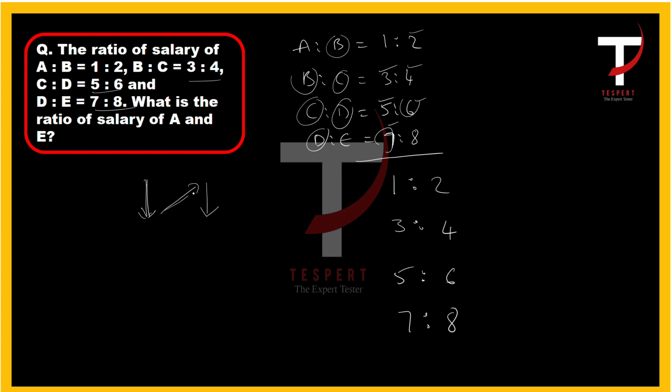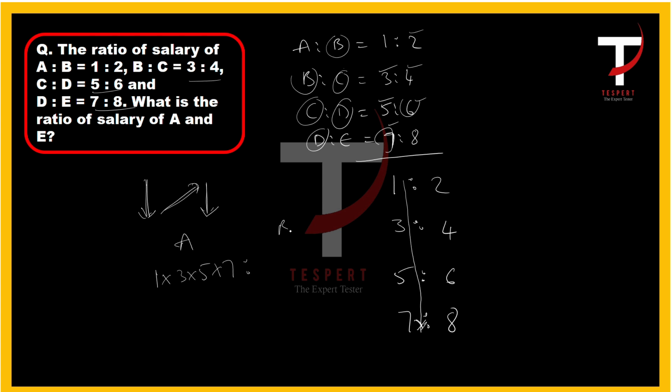So we follow the same method here, but there will be some change. The first step here is to calculate all these values from top to bottom, which is 1 into 3 into 5 into 7. So this is for A, okay?